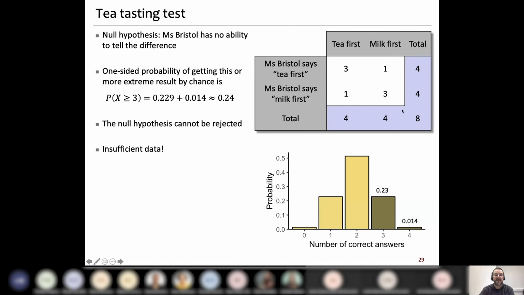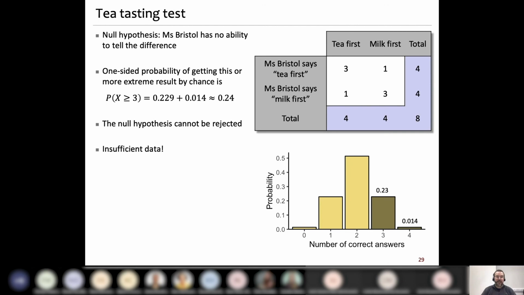We can also have the sums. And the one-sided probability of getting this or more extreme result by chance is the sum of these 2 bars in this probability distribution, which is 0.24. This is the p-value of this test, and this is the probability of obtaining 3 or more correct answers by chance.